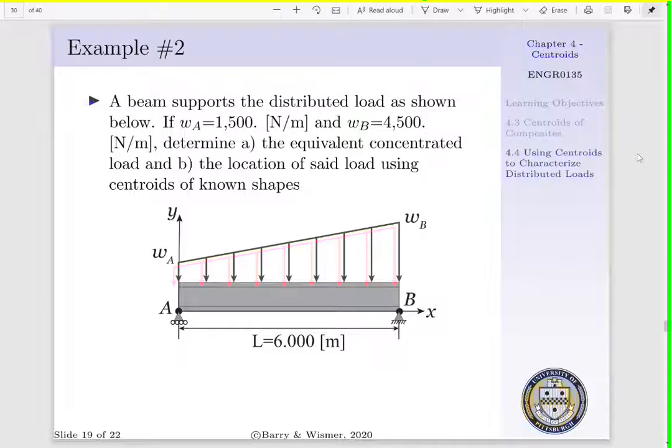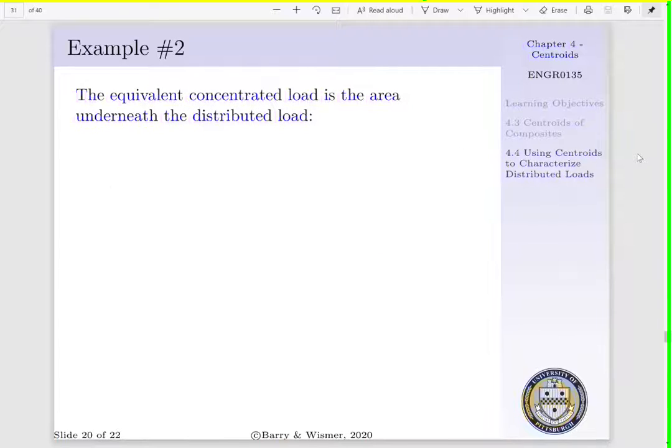Say we have a beam that supports a distributed load as shown. If our distributed load is equal to 1,500 newton per meter at point A and 4,500 newton per meter at point B, and it varies linearly between A and B, we want to determine our equivalent concentrated load and the location of said load using the centroids of our known shapes. Now, the equivalent concentrated load is simply the area underneath the curve of our distributed load.